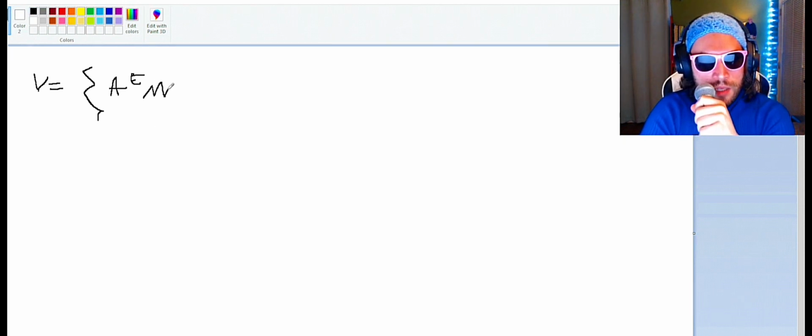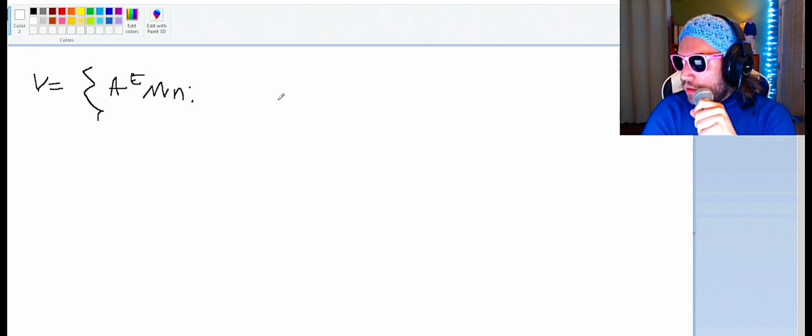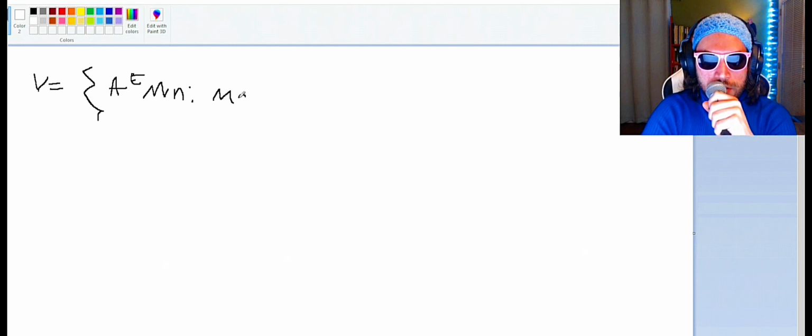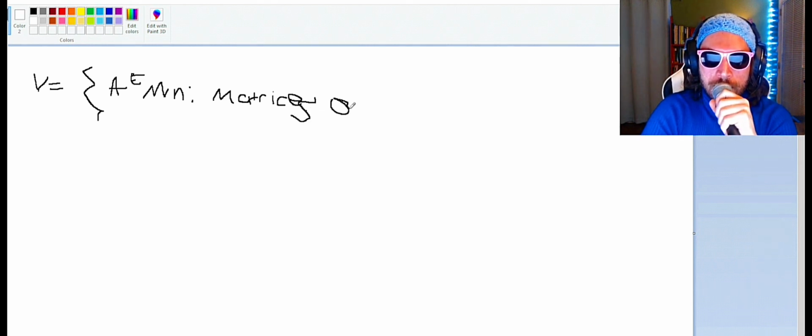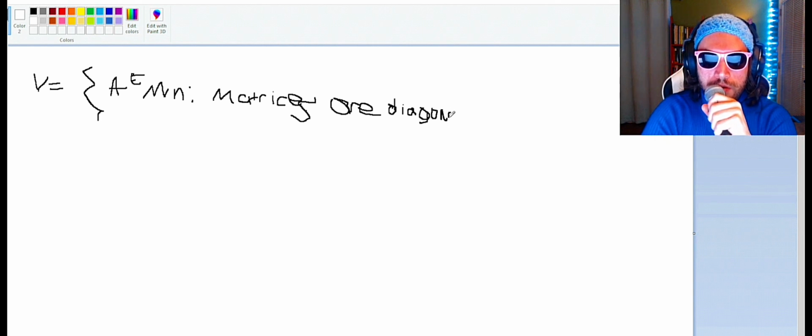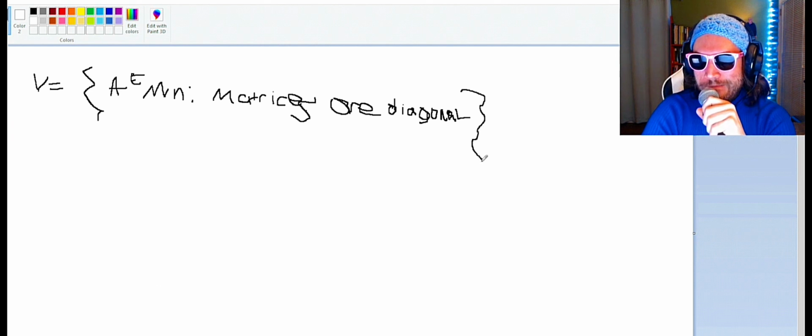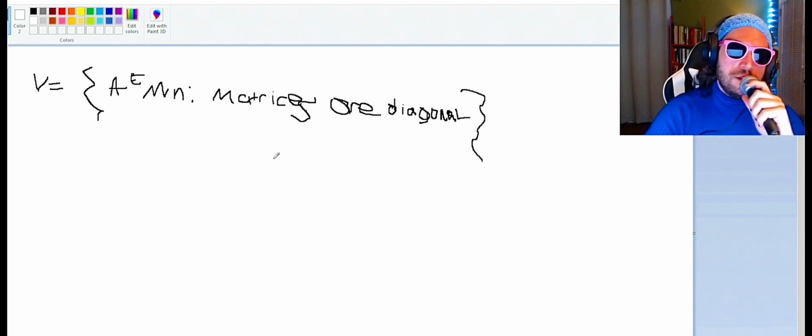So A in M_n, the matrices that are diagonal. This is the part that's tricky.